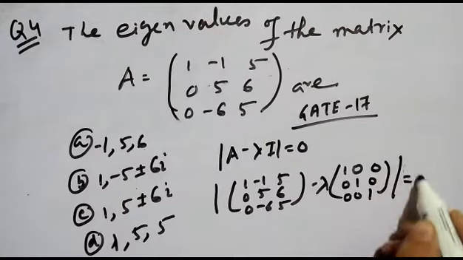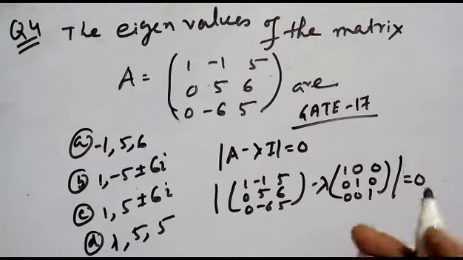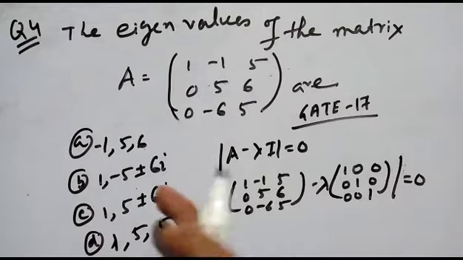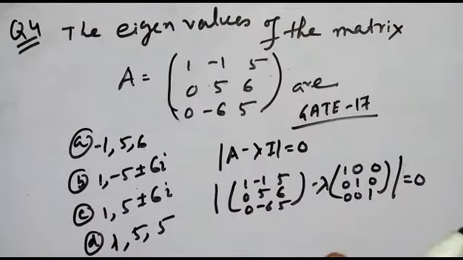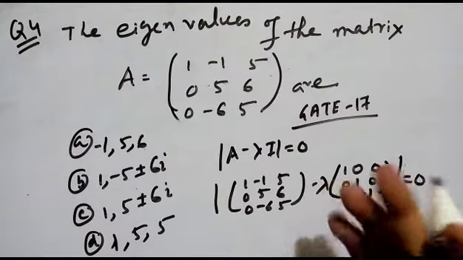After that we get a characteristic equation, and the roots of this characteristic equation will be the eigenvalues of the following matrix. Clear? So this is a very lengthy and time-consuming process.